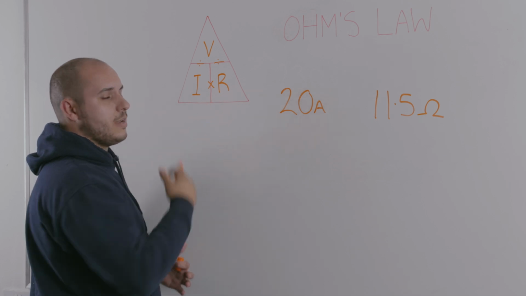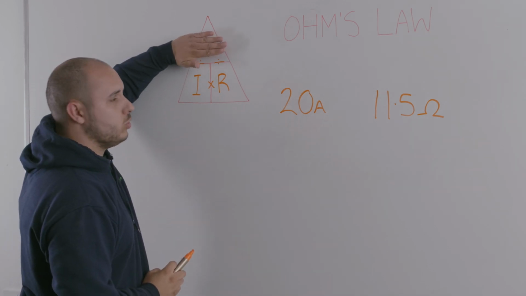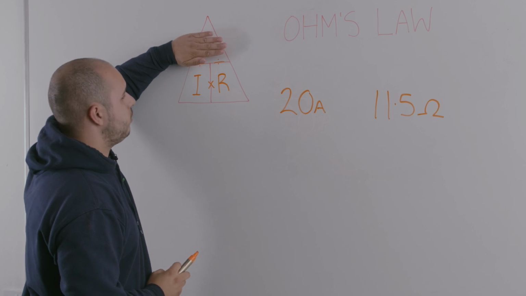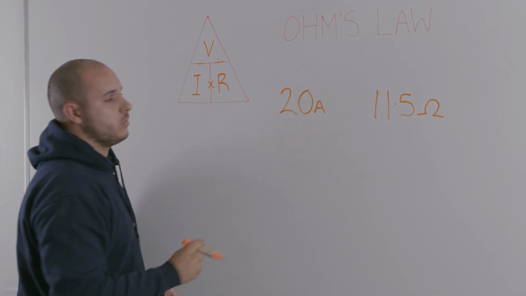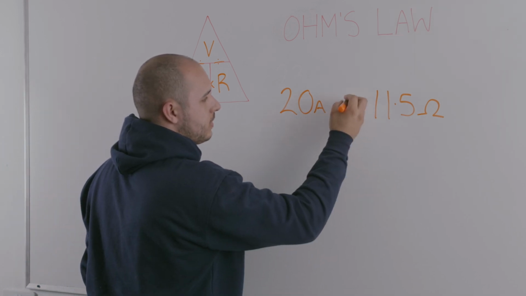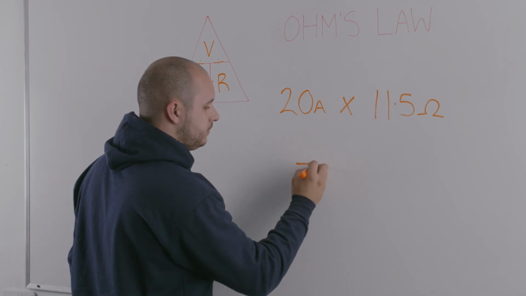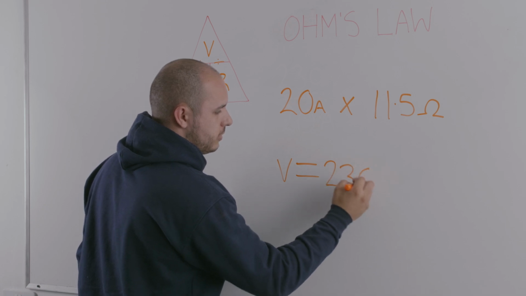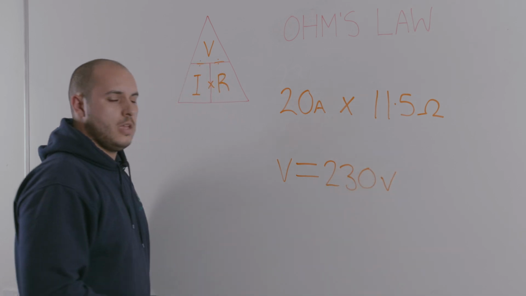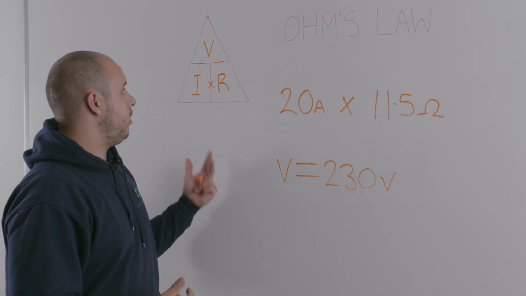We know we need to times both of those figures together, because the one that we're looking for is a voltage, which is the one that we've covered up. Okay, so we've covered that one up. We know we've got those two values, which we do. We need to times them together. Okay, so if we do 20 times 11.5, that should give us our voltage of 230 volts. And that's basically what you need to do, and the same applies across the board, okay?